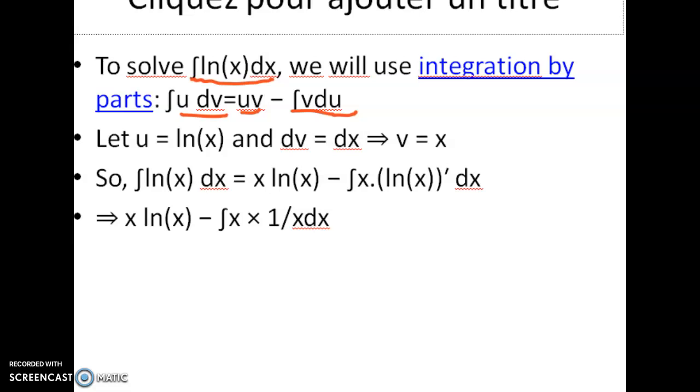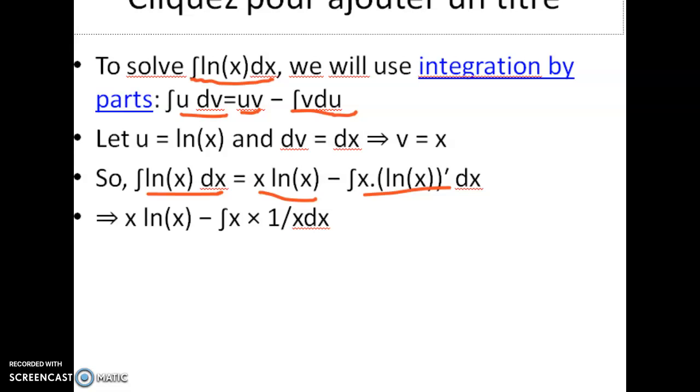So here we have the integral of u dv is equal to uv, which is x ln x, minus the integral of x times the differential of ln x, because du is equal to the differential of ln x dx.